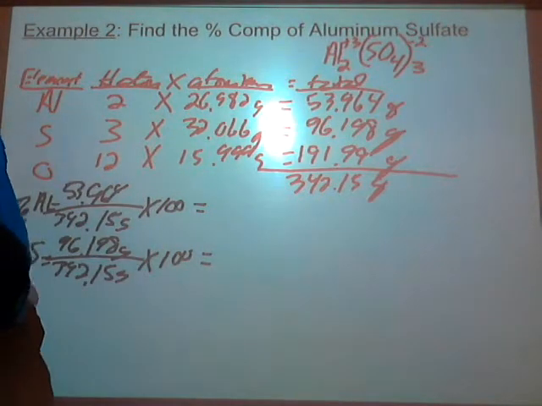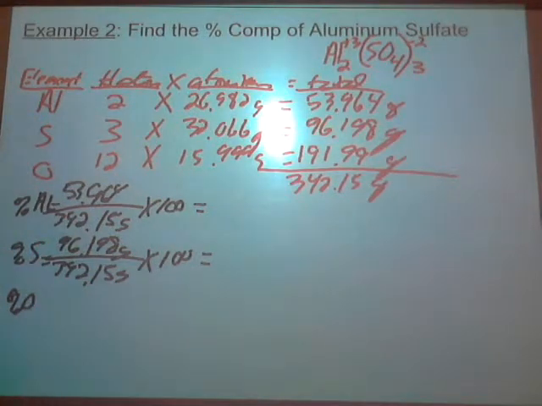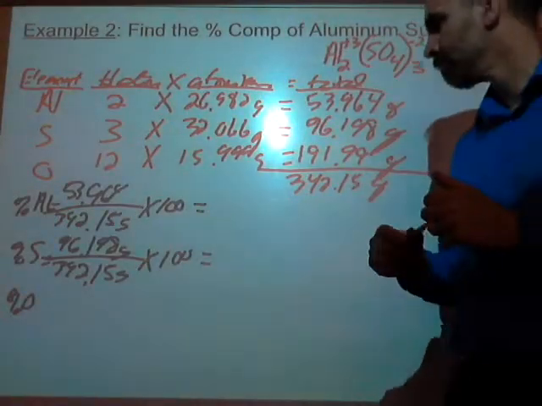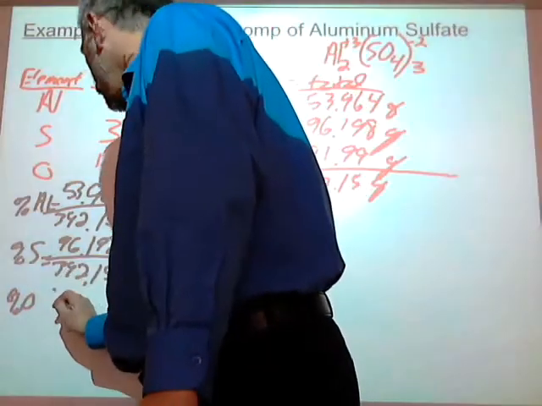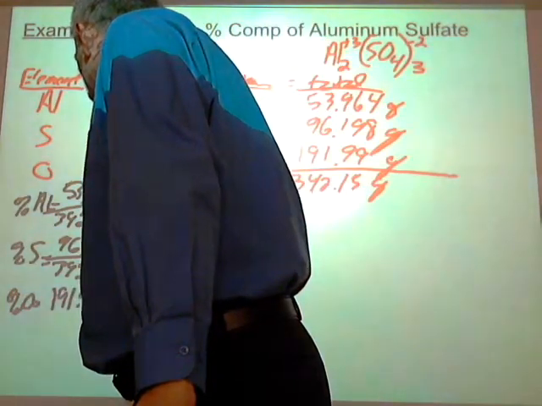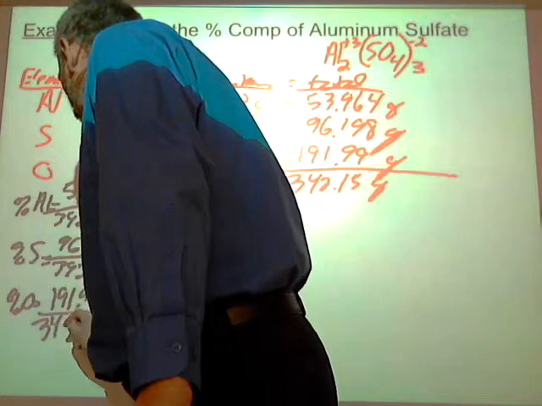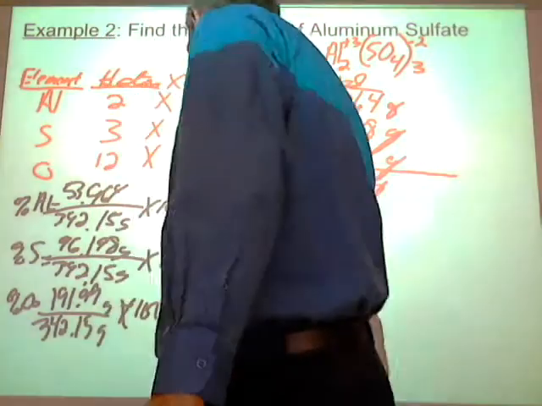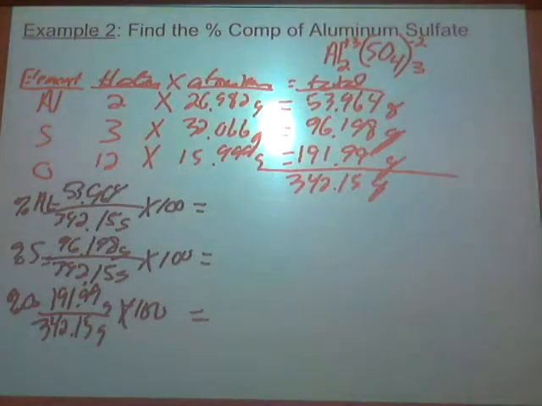And while she's doing that, what's the percentage of oxygen in this guy? What am I going to divide for this one here? Rebecca. 191.99 over 342.15. Okay. And do the math for that one, Jared.